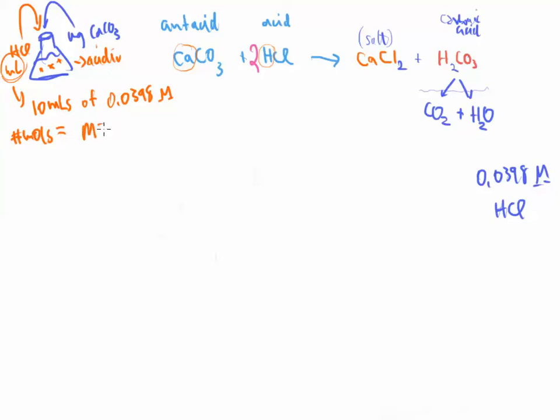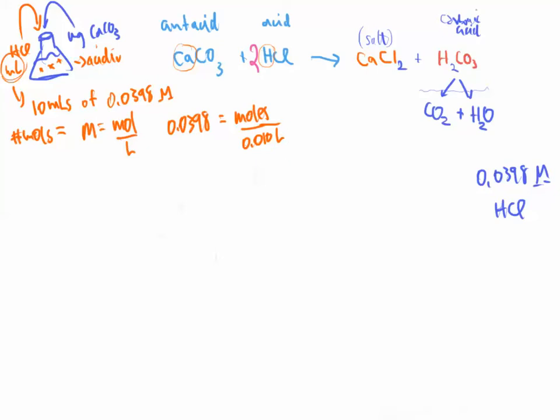Well, molarity is equal to moles over liter. I know what my molarity is, 0.0398. The number of moles is what I'm trying to figure out. And the liters was 10 mL. Okay, well, 10 mL converted over to liters is 0.01.